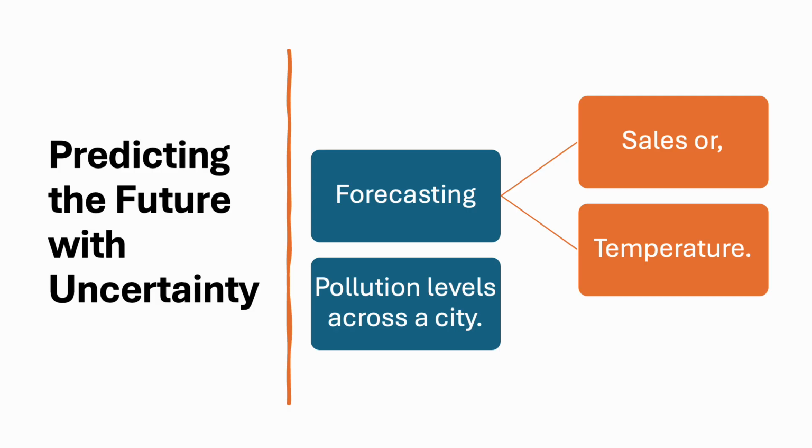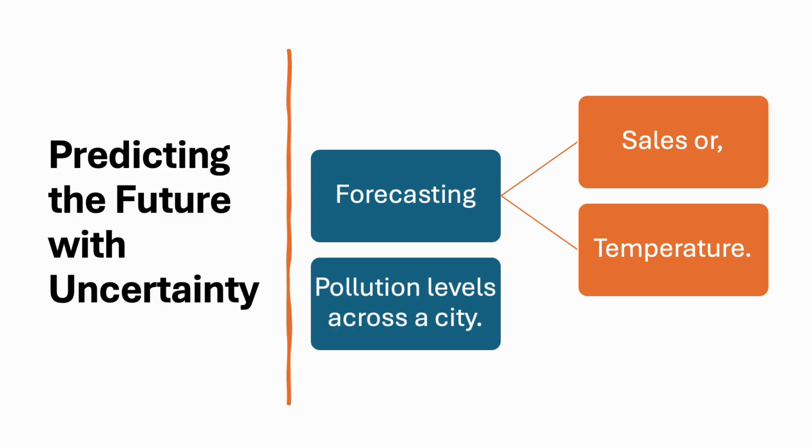In fields like healthcare, finance, and robotics, the ability to predict the future with uncertainty is invaluable. For example, a doctor using a probabilistic model can assess not only the most likely progression of the patient's condition but also the range of possible outcomes, including rare but critical events. Similarly, financial analysts can evaluate investment risks by considering the probability of different market conditions.